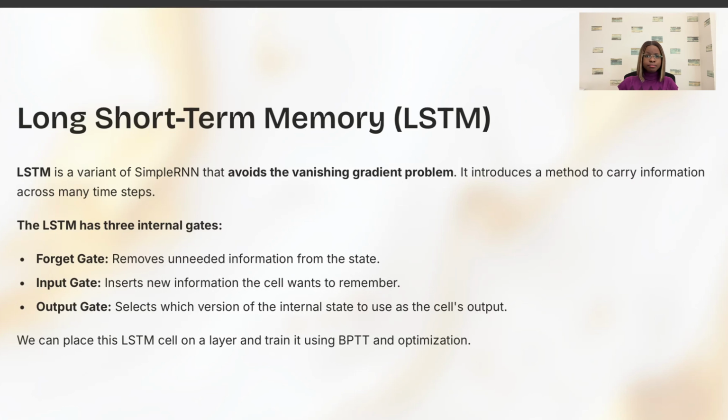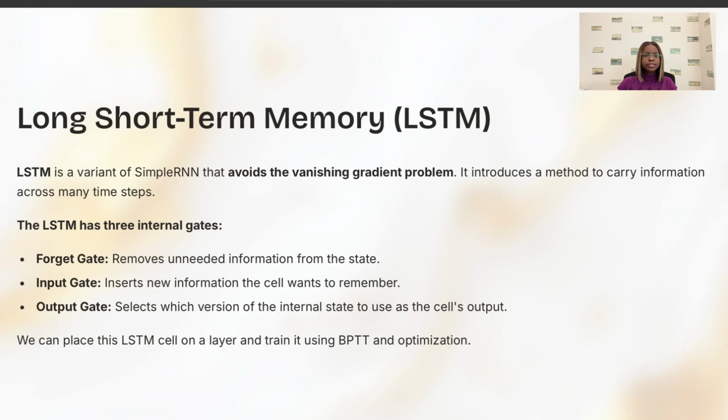Now, the LSTM has 3 internal gates: the forget gate, the input gate, and the output gate. The forget gate, as the name suggests, removes unneeded or unwanted information from the state. Input gates insert new information that the cell would like to remember.